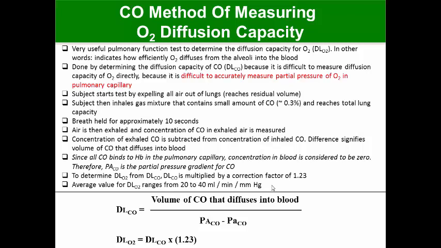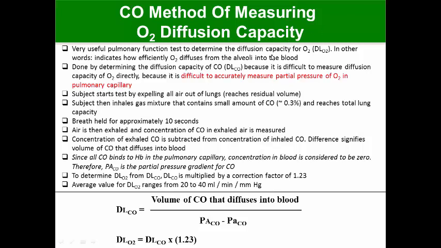This is a very useful pulmonary function test. It assesses the diffusion capacity of the lung. In other words, it indicates how efficiently oxygen diffuses across the alveolar capillary membrane from the alveoli into the blood.